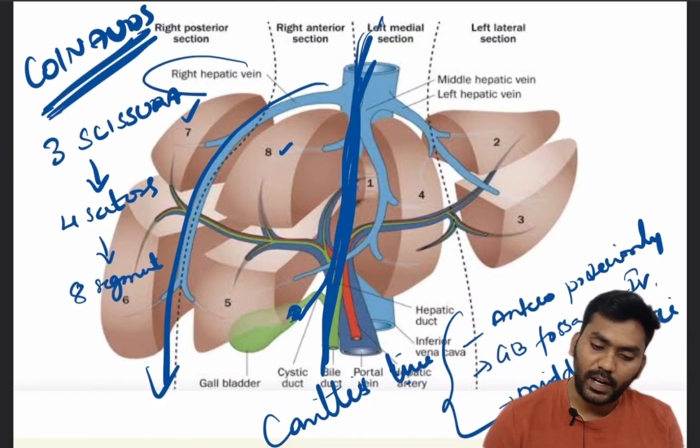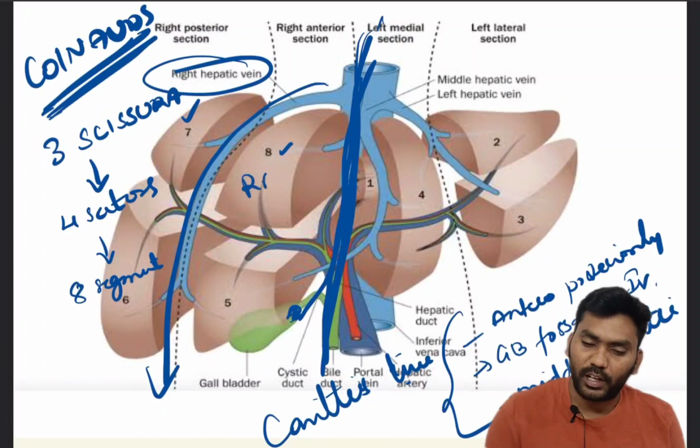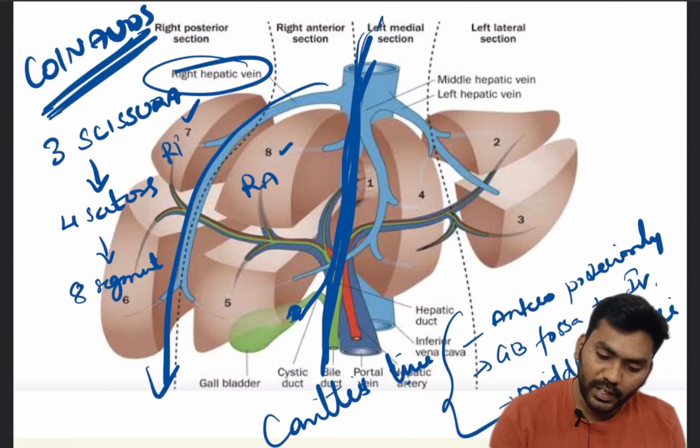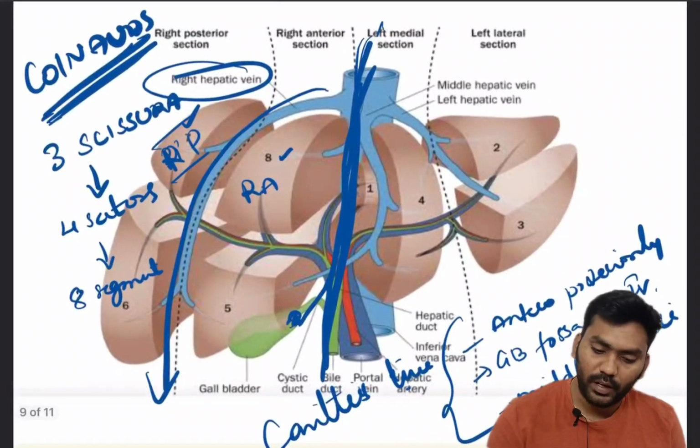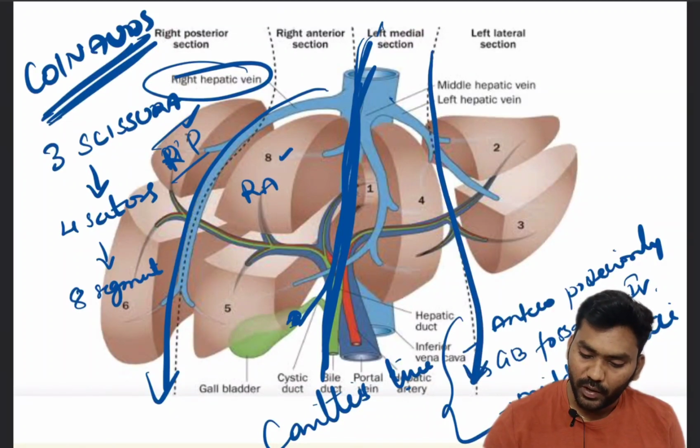One more scissura is the right scissura, containing the right hepatic vein. This will divide the right part of the liver into right anterior and right posterior. And on the left side we have the left scissura which will divide the liver into left medial and left lateral.